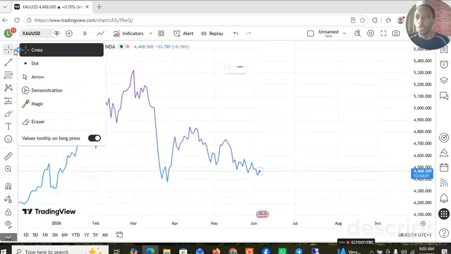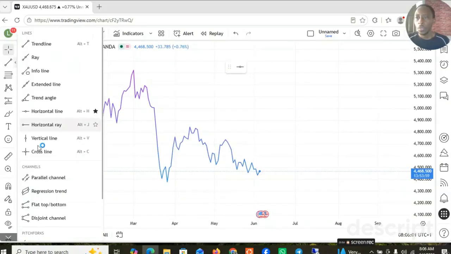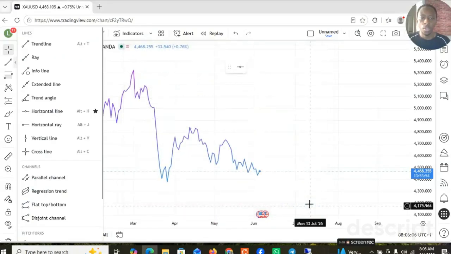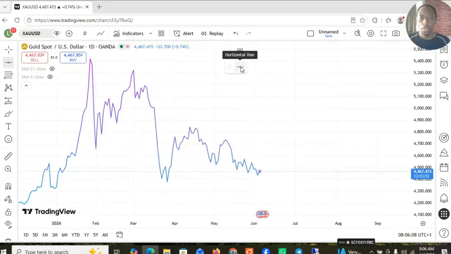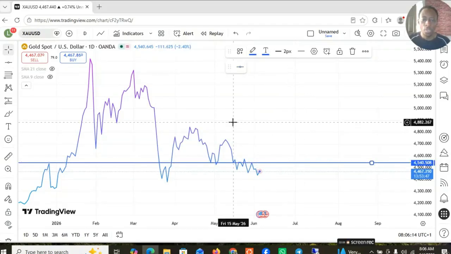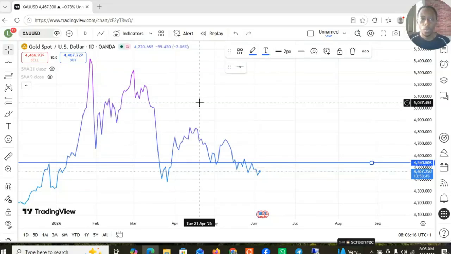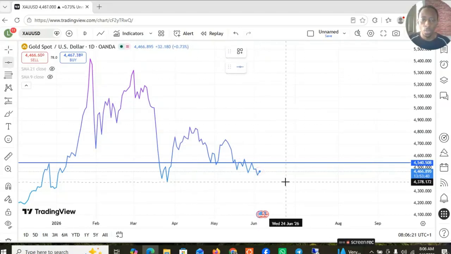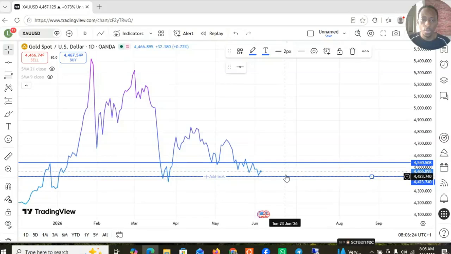Using the horizontals, we have it here already. Taking the horizontal, this is our most recent high in the daily chart, and we equally take the most recent low.